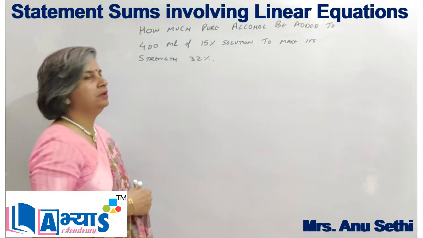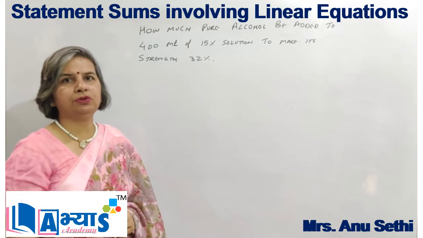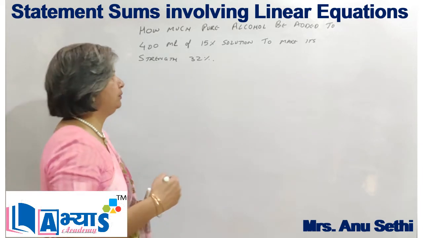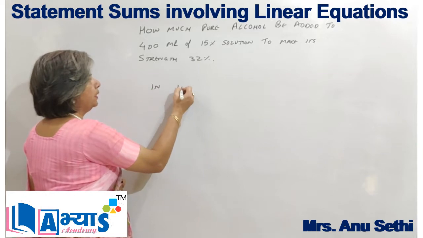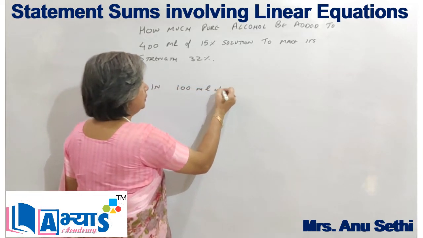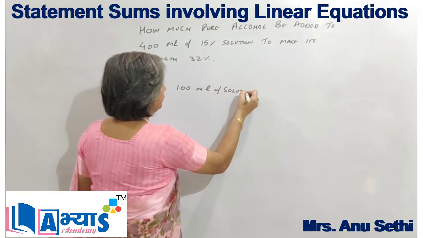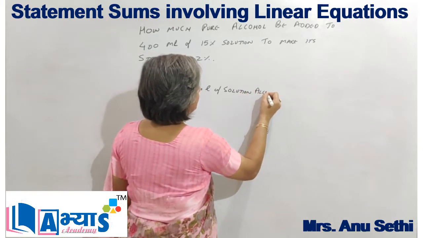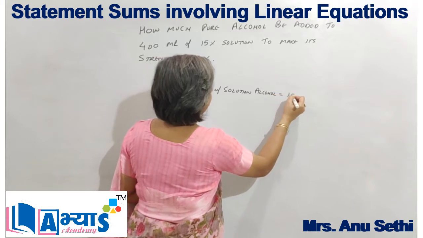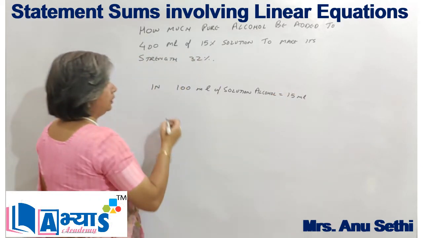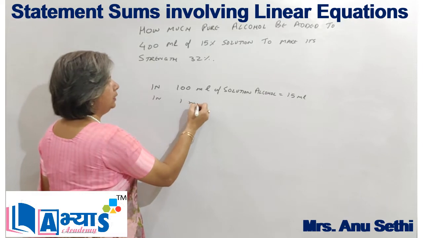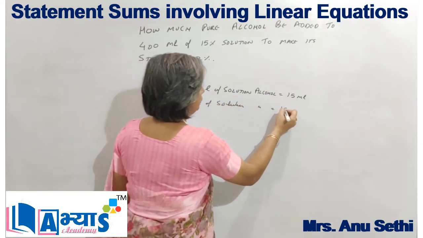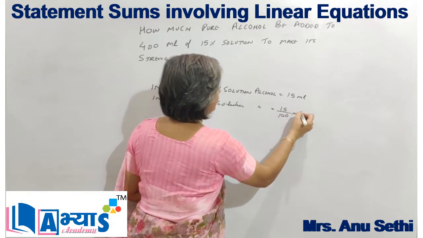15% strength means if we have 100 ml of solution, then 15 ml of alcohol is in the solution. That means in 100 ml of solution, alcohol is equal to 15 ml, or in 1 ml of solution, alcohol is equal to 15 upon 100 ml.